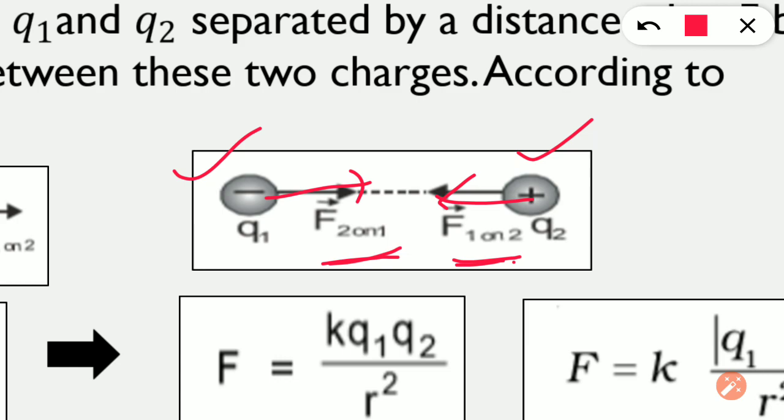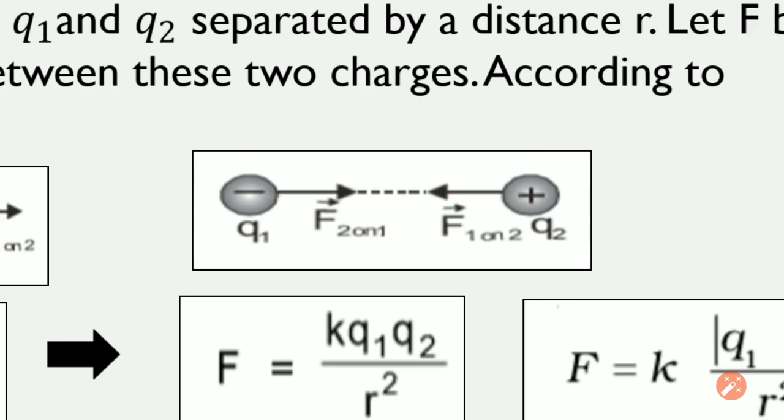On whom it is acting and who is applying it is mentioned in the symbol so that you can easily recognize the force, but the forces are equal in magnitude. And the distance between them is r. Distance between them means what? From the center of the first charge to the center of the second charge, the distance is measured as r. Okay, clear? The possible cases are all listed here.